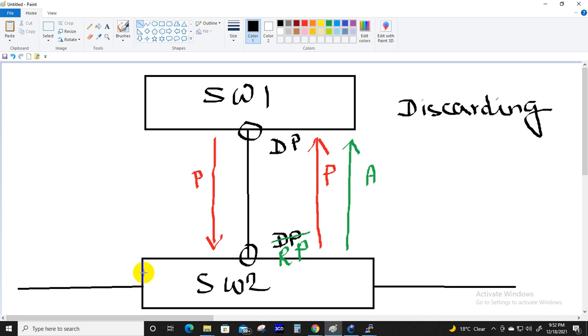Switch 2 makes all these ports go to discarding state, so that no layer 2 loop can form.